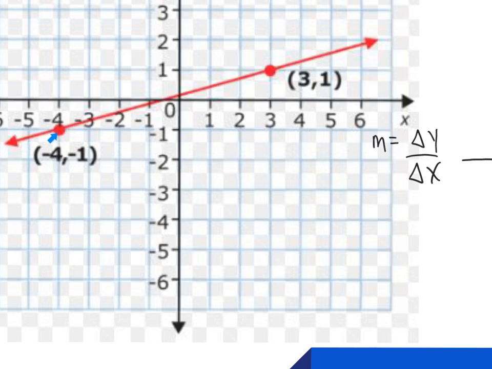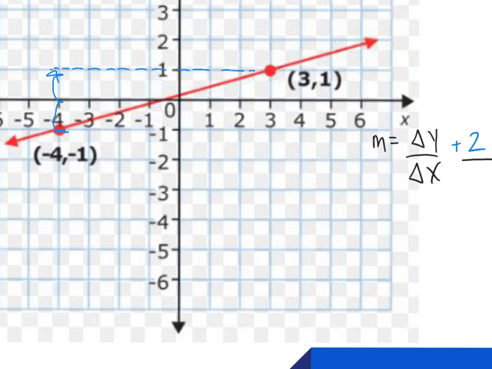Change of y means how much did you change vertically? Well, I started here and I ended up here. The vertical change, and if it helps you to draw out things, you're welcome to do that. You could say, well, the vertical change, the next point goes all the way up to 1. So that means the vertical change is 1, 2. I went up 2. That's the change of y.